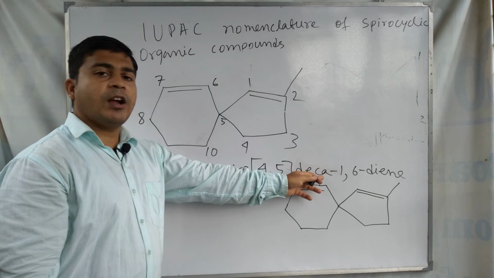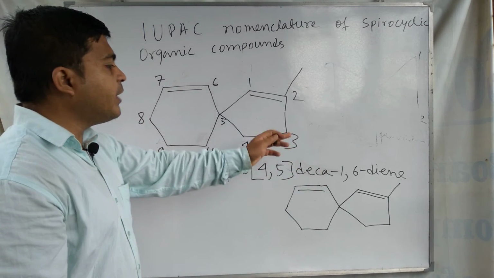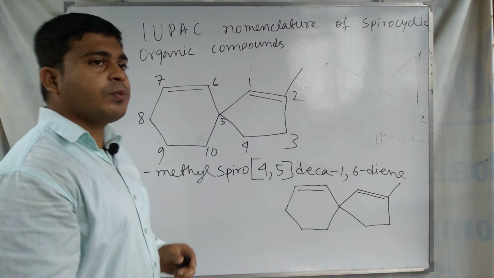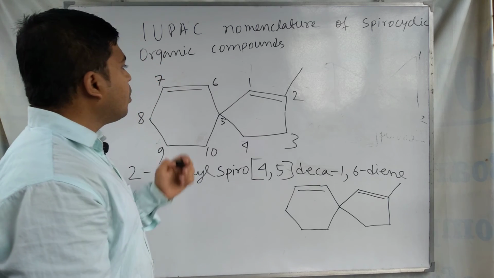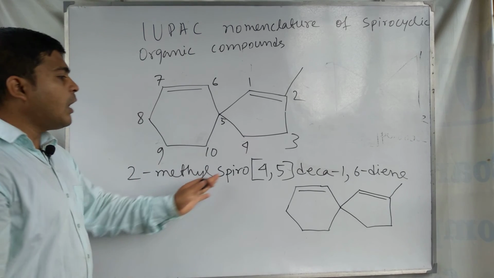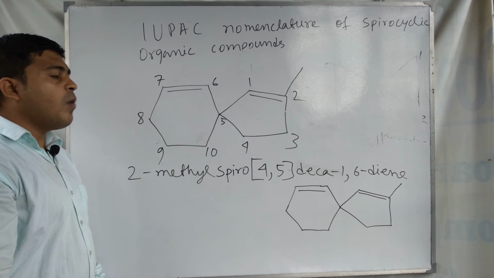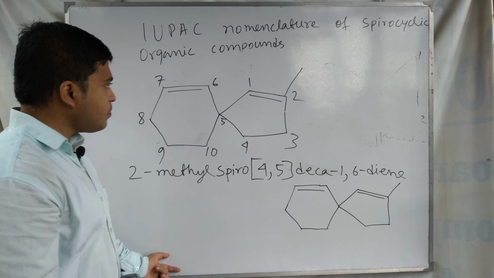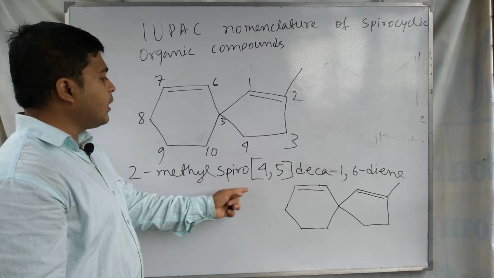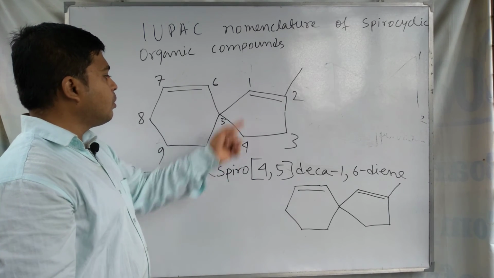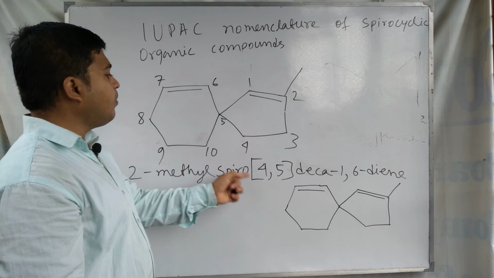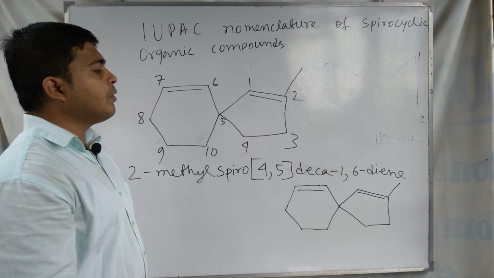So we are writing here deca, and after that 1 6 diene, because in 1 position and in 6 position both have a double bond. So for this reason the name of this molecule is 2 methyl spiro 4 5 deca 1 6 diene. 2 methyl is the substituent, and spiro type bicyclic compounds, 4 5 because there are 4 carbons in this ring and 5 carbons in this ring, and deca 1 6 diene.